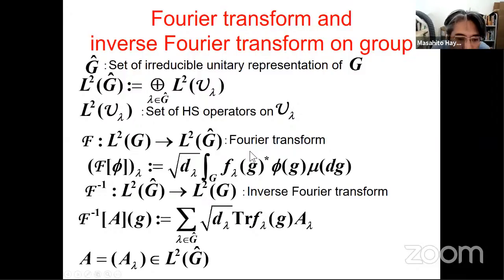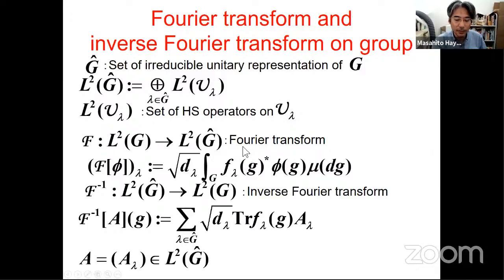So this is the generalization of the usual Fourier transform. So what is this? Phi is an element of L2(G). So phi is a function defined on elements g. Depending on g, we have phi(g). This is only a complex number. Phi(g) is only a complex number, but f lambda is a matrix because this is an irreducible representation on this irreducible space.